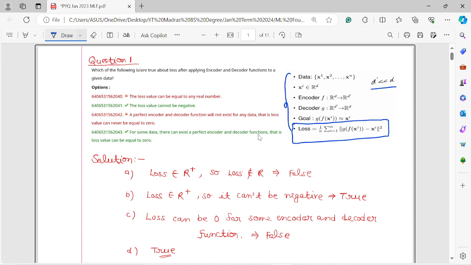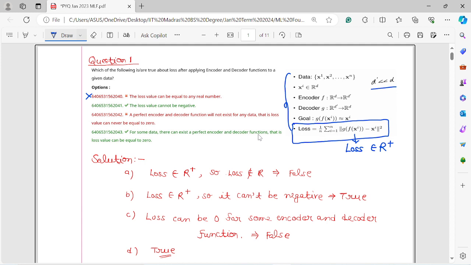So the loss will always be a positive real number. The loss cannot be negative, so it cannot be any real number. If it said it can be equal to a positive real number, then it would be correct. But this says any real number, and in any real number there is a possibility of negative real numbers. So this is not a correct option.